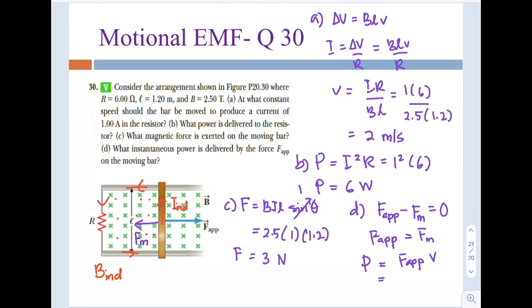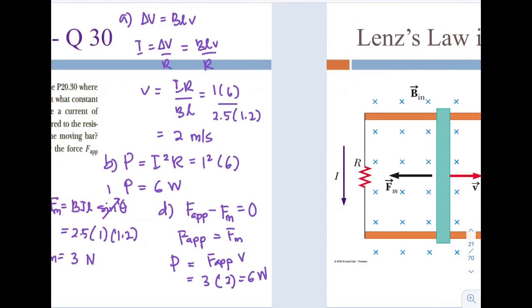So F applied is equivalent to Fm, which is 3 times the velocity just now, 2, which gives you 6 watt again. So either way, whether you calculate it by using this or by using the other method, you will get the same answer. So that's it for question number 30 as your example.